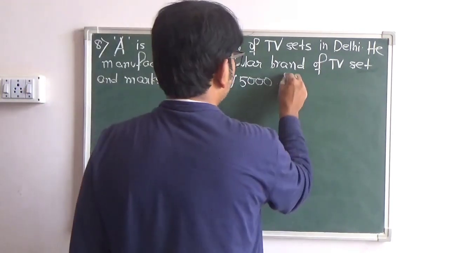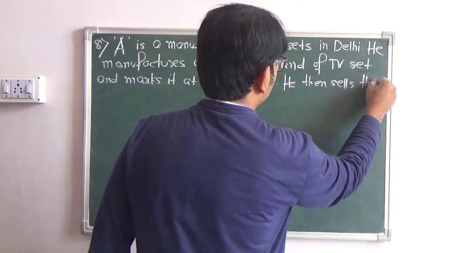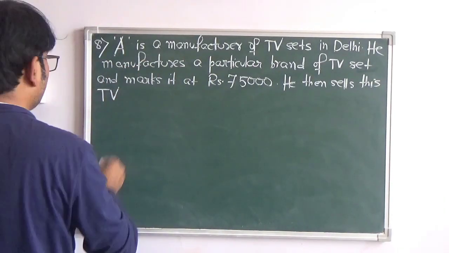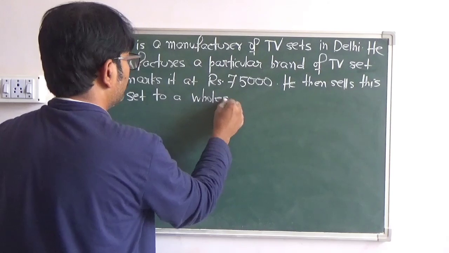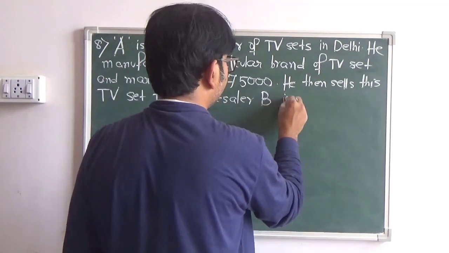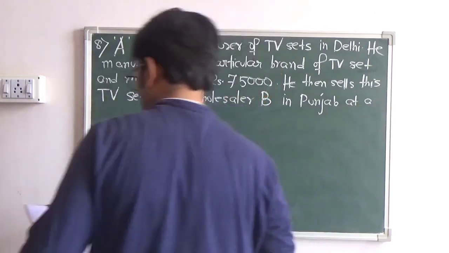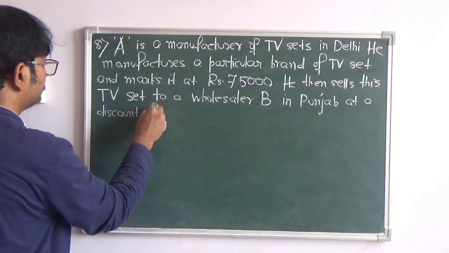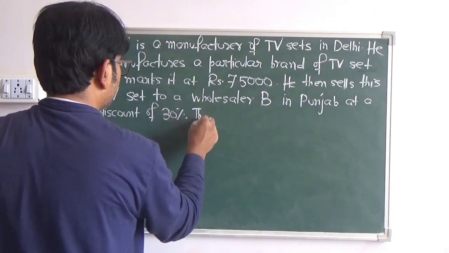He then sells this TV set to a wholesaler B in Punjab at a discount of 30%.